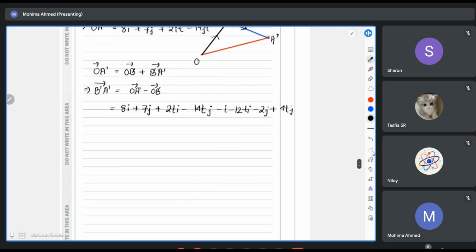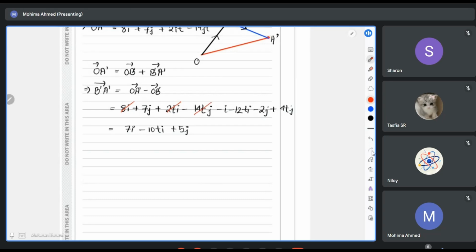So we're going to add the i's together and j's together. So you have 8 and 1 minus 1. So it's going to be 7i, 2t and minus 12t. So it's going to be like minus 10t i, and then 7j and 2j minus 2j, that's going to be 5j.